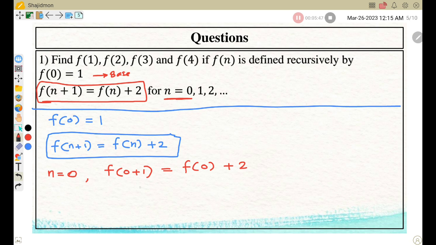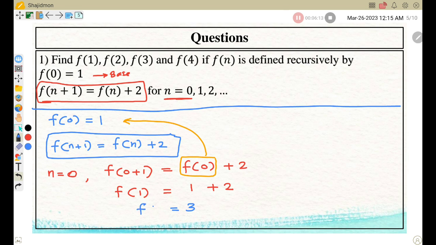Correct? What is f of 0 plus 1? f of 1. So f of 1 equals f of 0, which is given in the question, it is 1, plus 2. Hope you understood, because the f of 0 value is given here, it is 1.